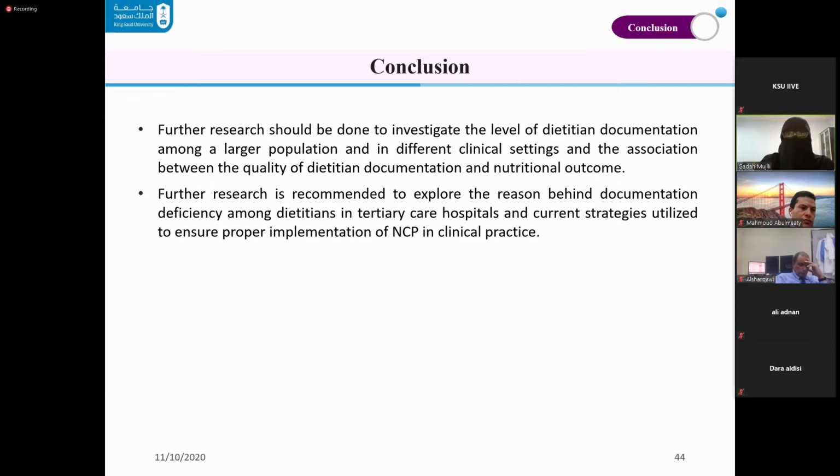We recommend further research to investigate the level of dietitian documentation and the association between the quality of this documentation and nutritional outcomes, and also to explore the reasons behind documentation deficiency among dietitians and the current strategies utilized to ensure proper implementation of NCP in clinical practice.